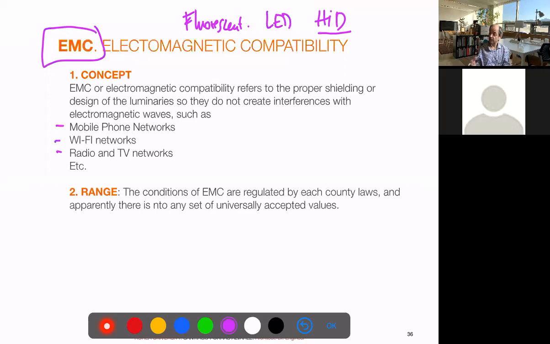So in terms of hospitals and high technology places and computer networks, this can be a big problem. And usually the law limits how much radiation any kind of electromagnetic or electronic device can emit. So we know they will not create any kind of interference which will disrupt networks or other things. And this is a problem with this kind of lights.